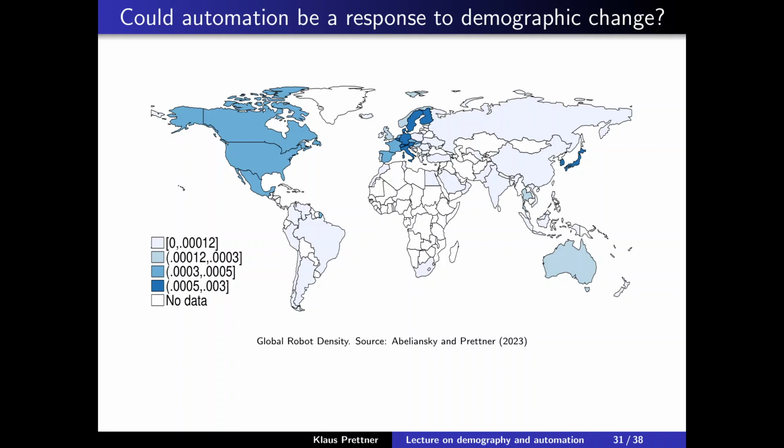Countries that face less severe demographic challenges, either because they have a higher fertility rate, such as France, or because they have had quite strong inward migration in the past, such as the UK from Eastern Europe, do not have such a high robot density. And globally, countries with very high population growth tend to have a lower robot density or no data.